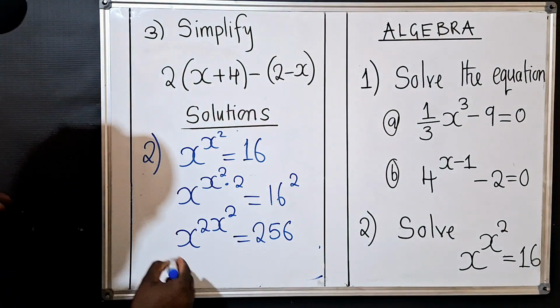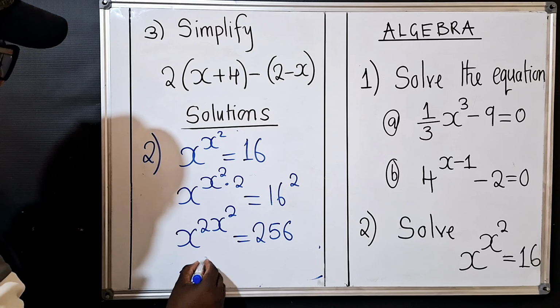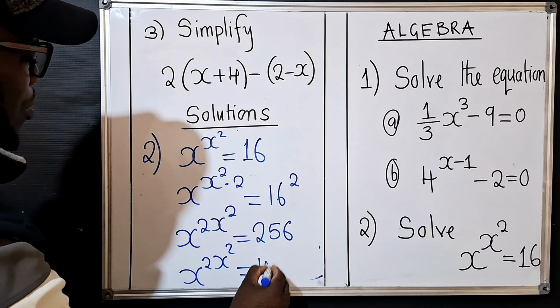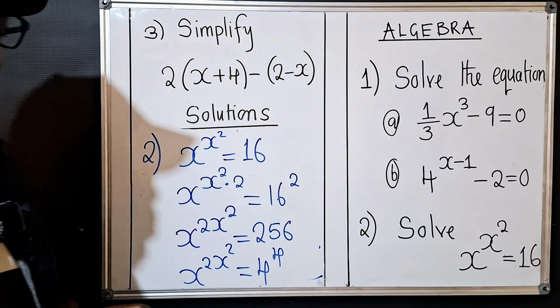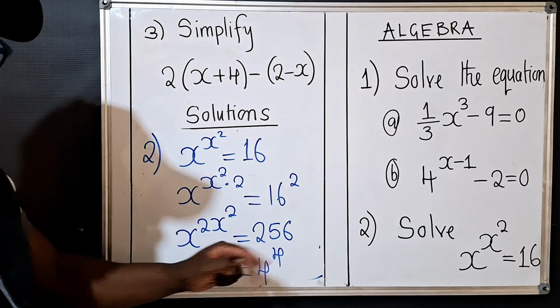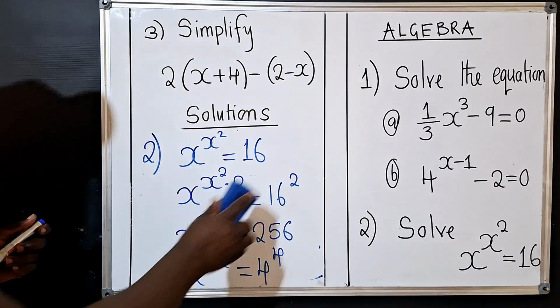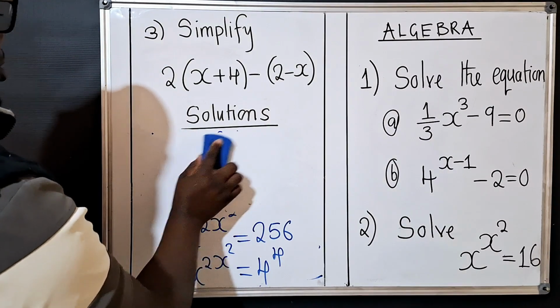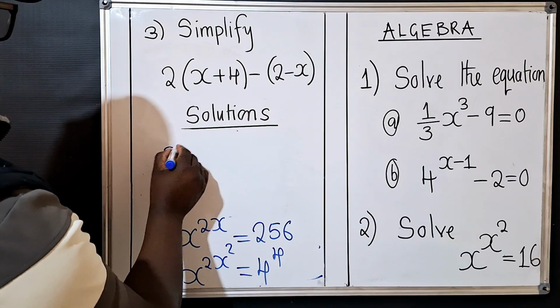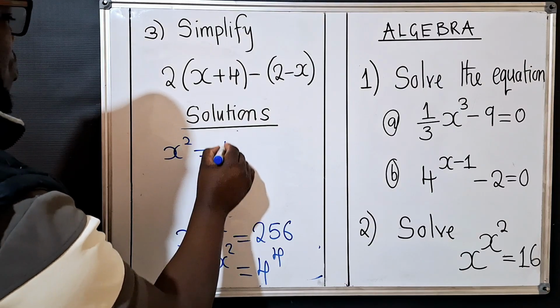And of course, here we can say x power 2, x power 2 is equal to 4 power 4. We want to have base equal to the power, base equal to the power. And from this stage, we can of course say x power 2 is equal to 4.